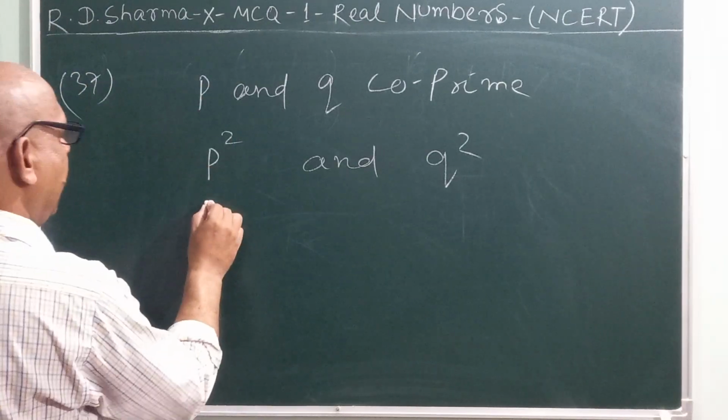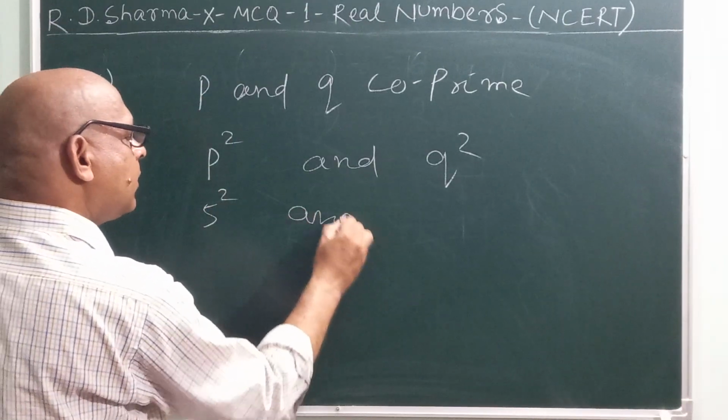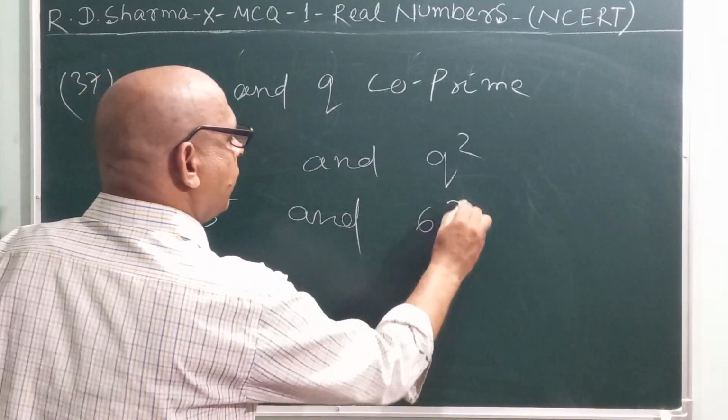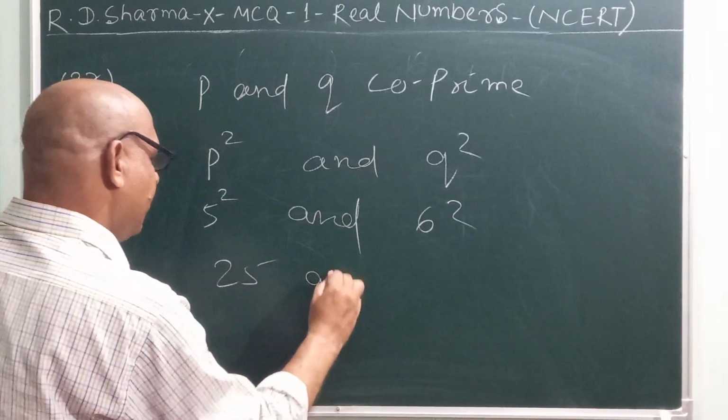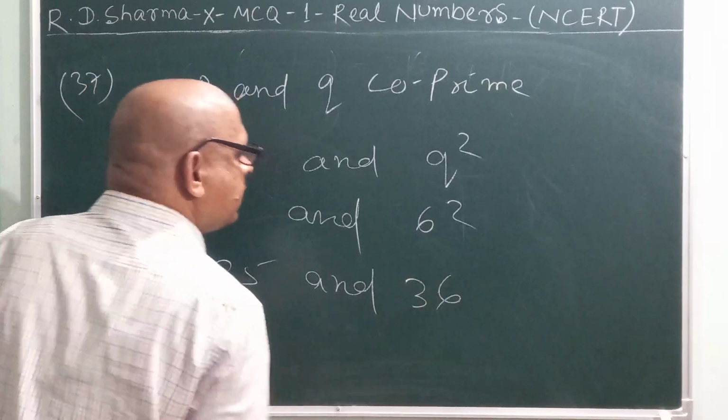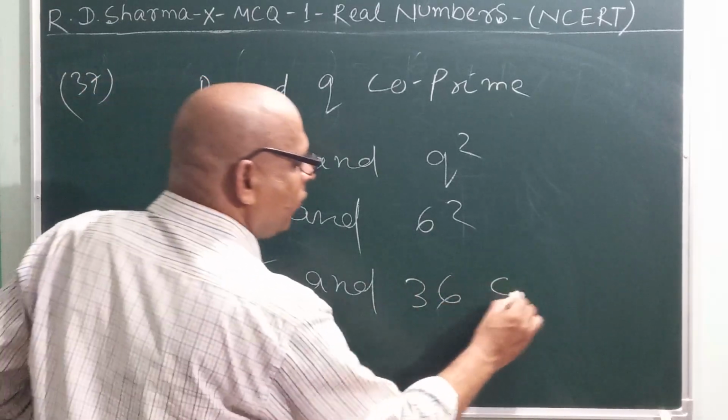Let P equal 5 and Q equal 6. P square and Q square are 25 and 36, which are also co-prime.